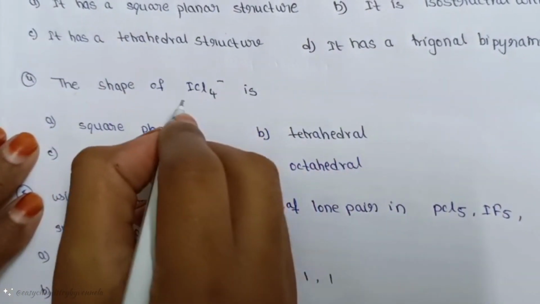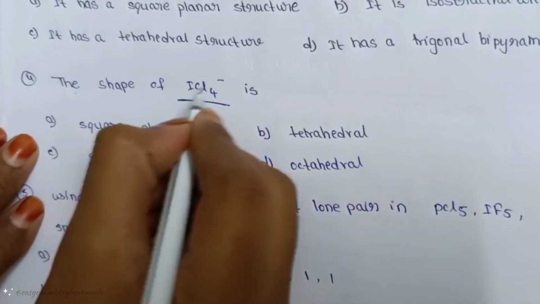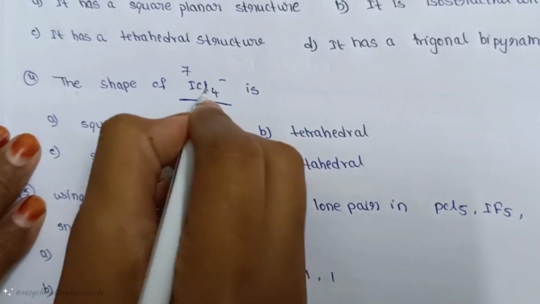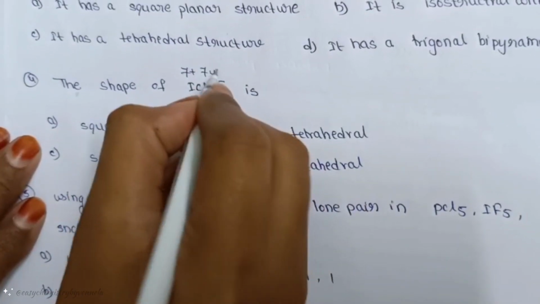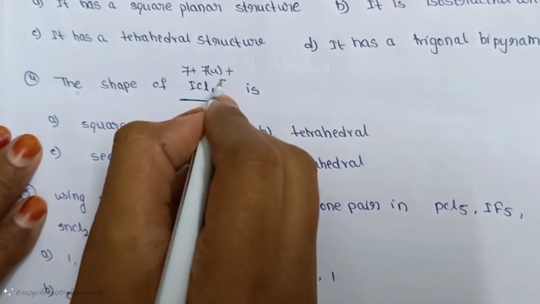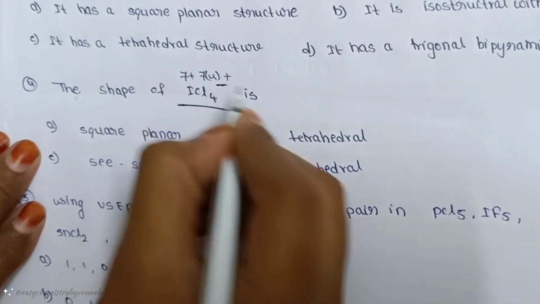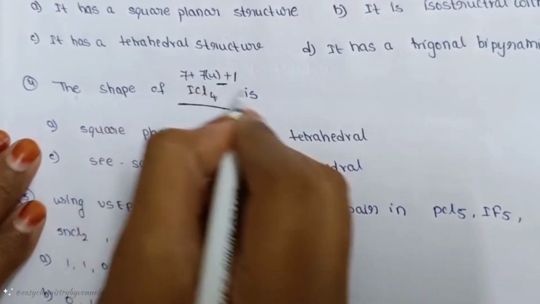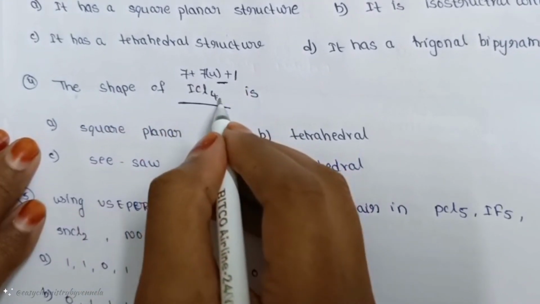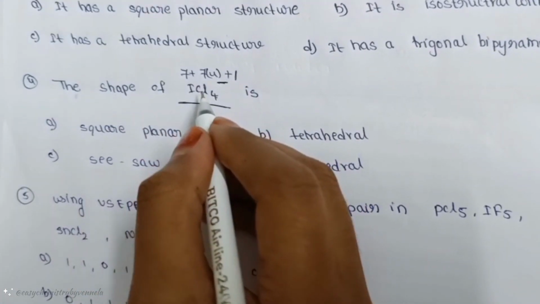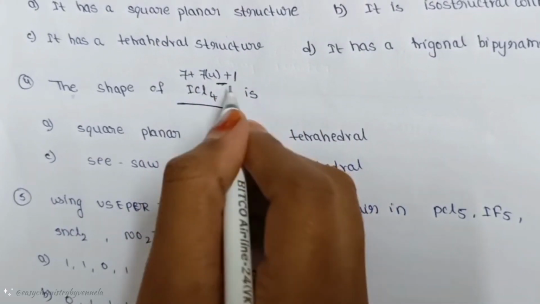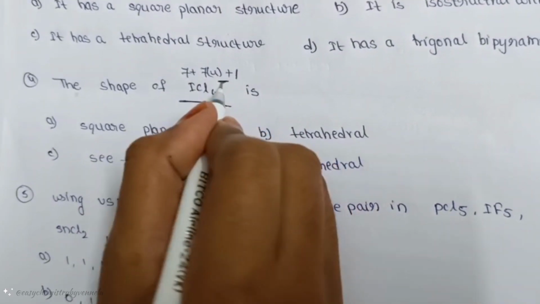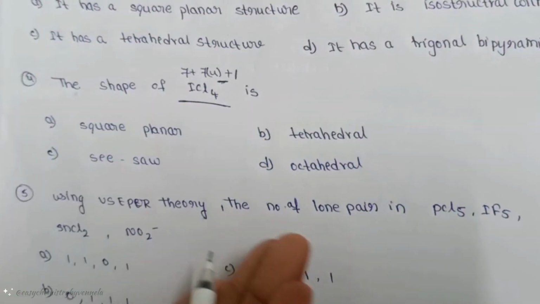Next, ICl4 minus. What is the group number? 7. Chlorine group number also 7. How many chlorines are there? 4. Plus, here minus is the charge, that is cation charge, that is plus 1. If positive charge is there, then you can minus that one. If negative charge is there, you can add that one, vice versa.